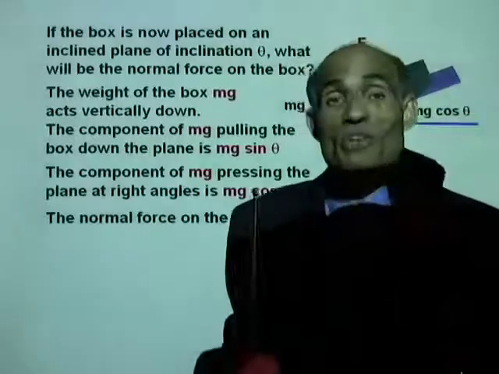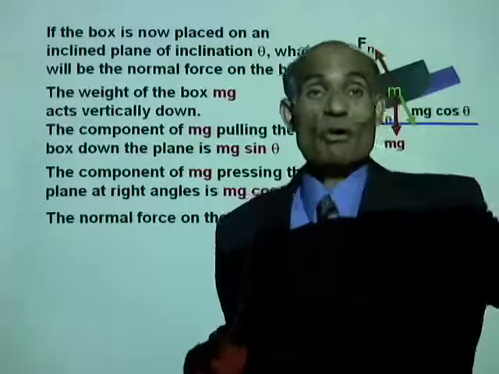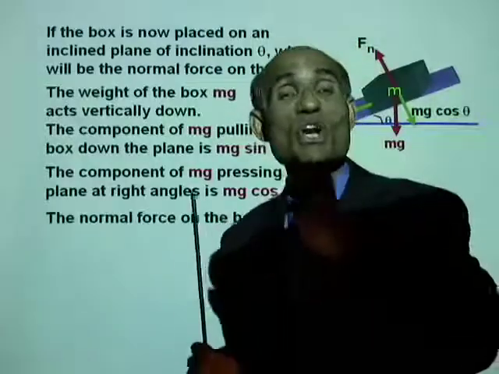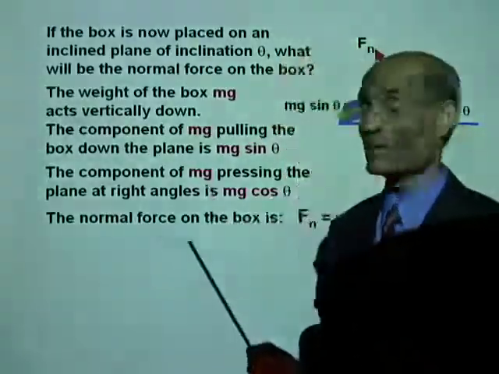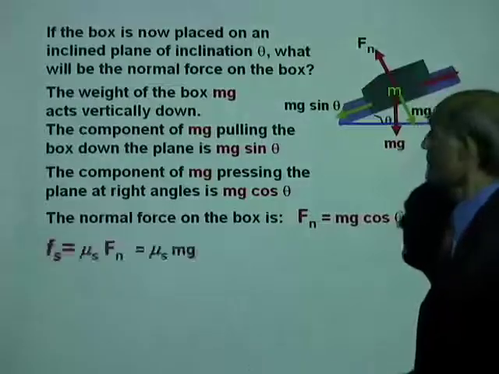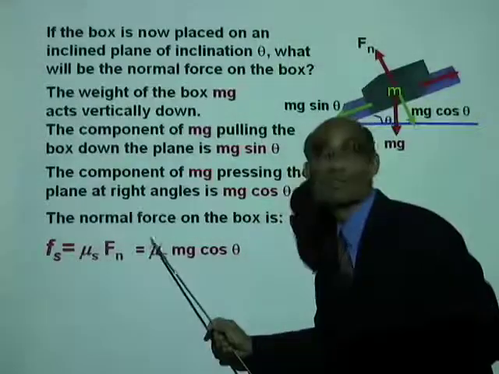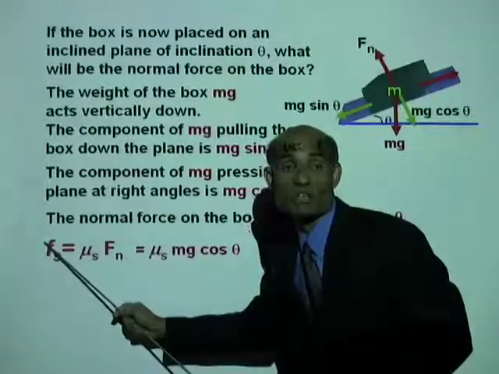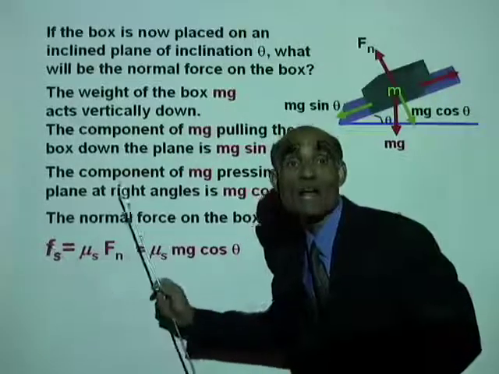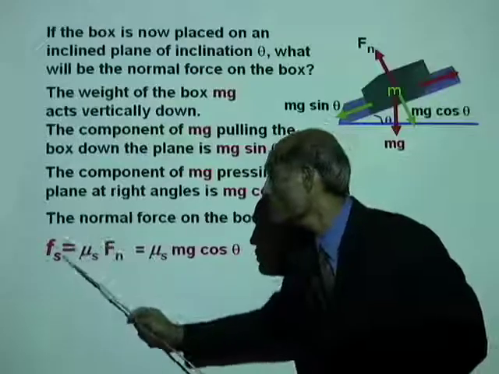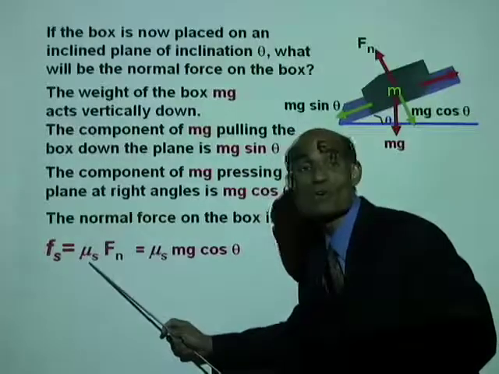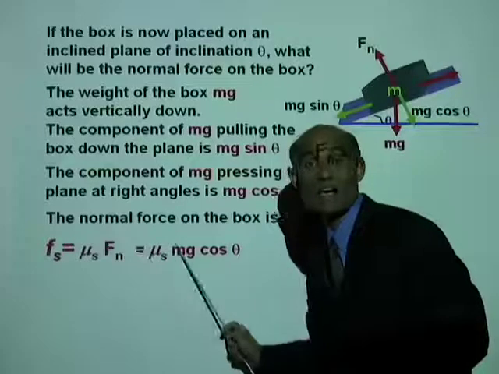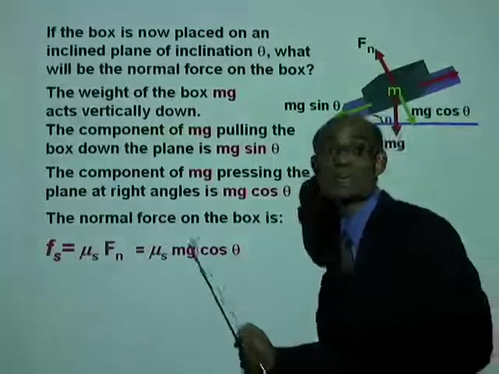So wherever we use F_n so far, we need to replace that F_n by mg cos theta. Alright, that means the equation for the force of static friction in the case of an inclined plane becomes F_s equal to mu_s F_n, and that F_n in this case now is mg cos theta.